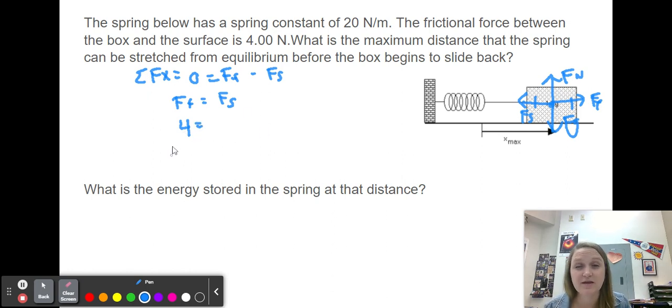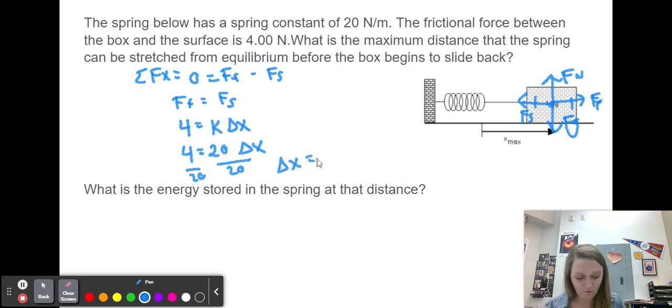I want to know how far to stretch it. We can just say k delta x here. So 4 is equal to 20 times delta x, divide by the 20 to the other side. So my max displacement is going to be 4 divided by 20, which is 0.2 meters. That's the max that can be displaced.